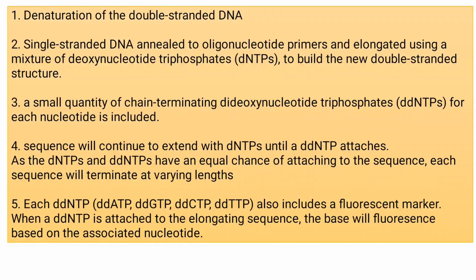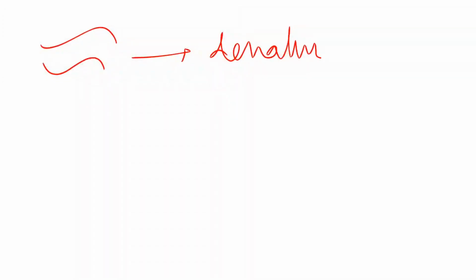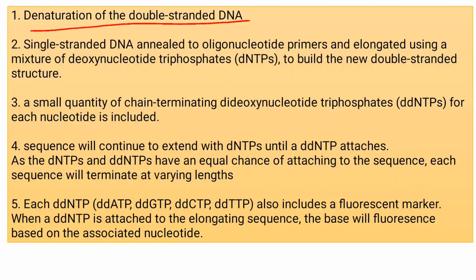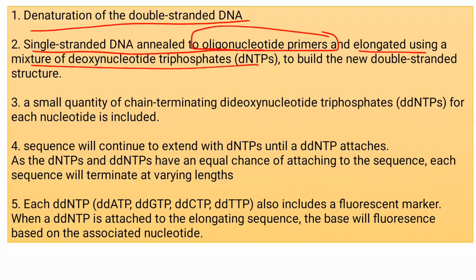So these are the steps of the Sanger sequencing method. First is the denaturation of double-stranded DNA into single-stranded DNA, then the addition of the complementary primer. The single-stranded DNA anneals to the oligonucleotide primer and is elongated using a mixture of dNTPs to build a new double-stranded structure.